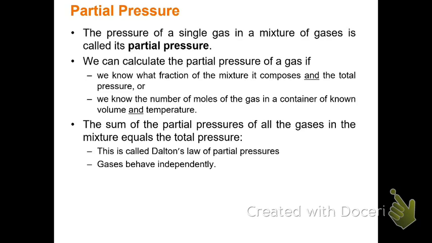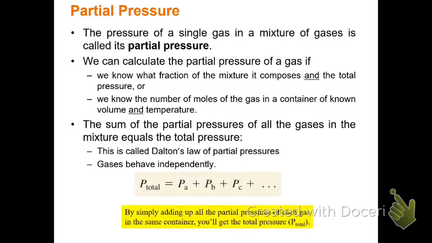And this is called Dalton's law of partial pressures. And so we can use this formula to find the total pressure, right? So if you have, let's say, the partial pressure of oxygen gas, nitrogen gas, carbon dioxide, argon, and all the other trace gases, add them all together and you get the total pressure of air.